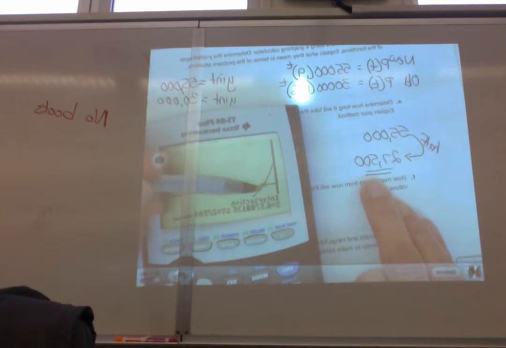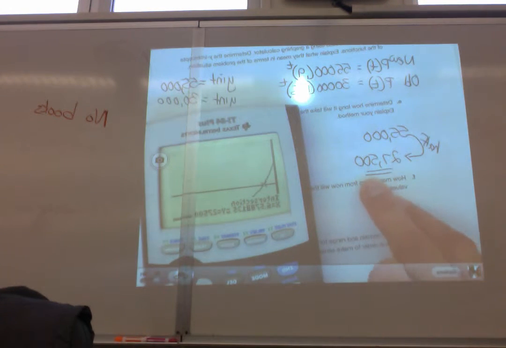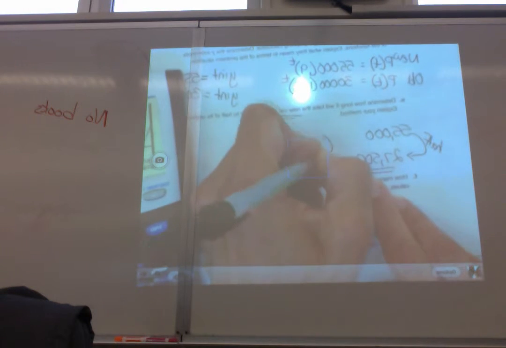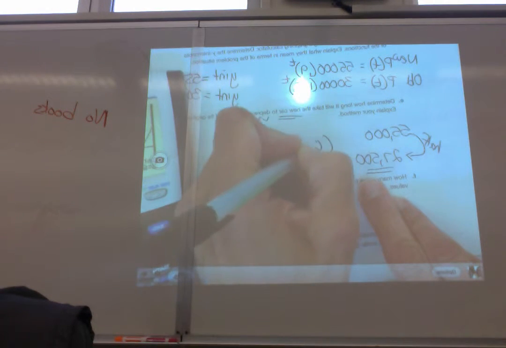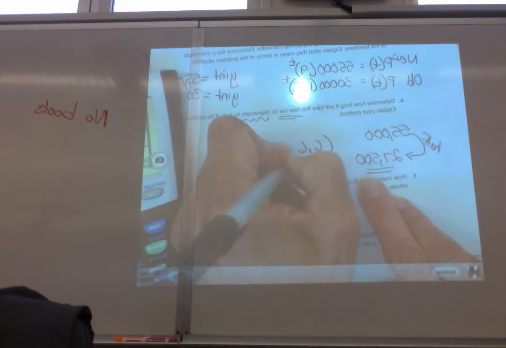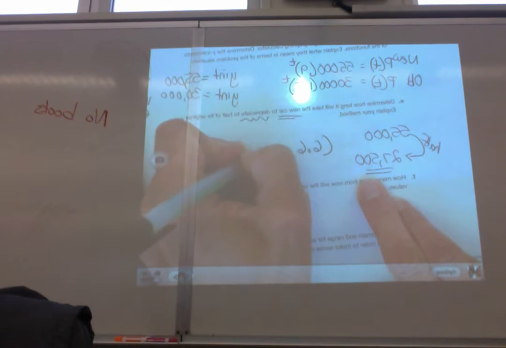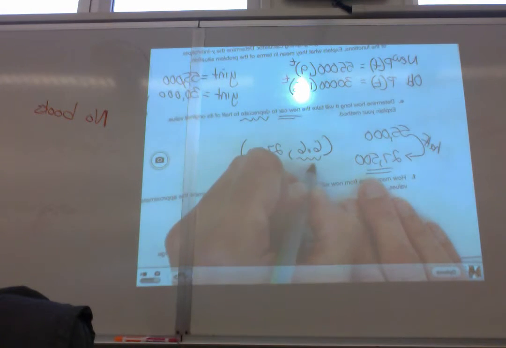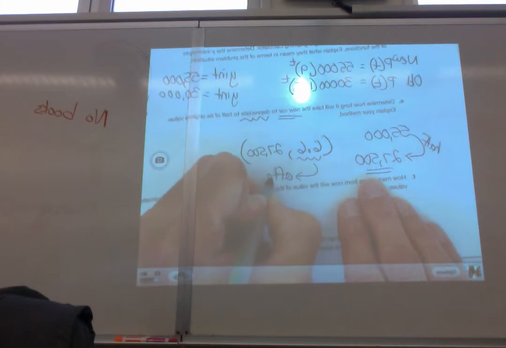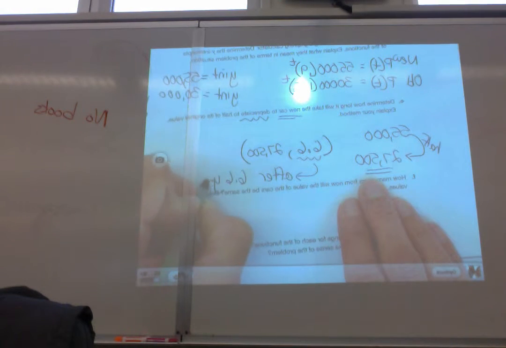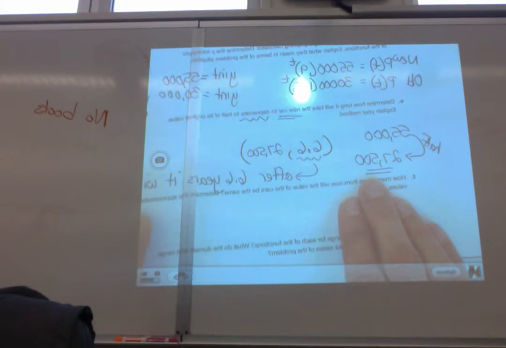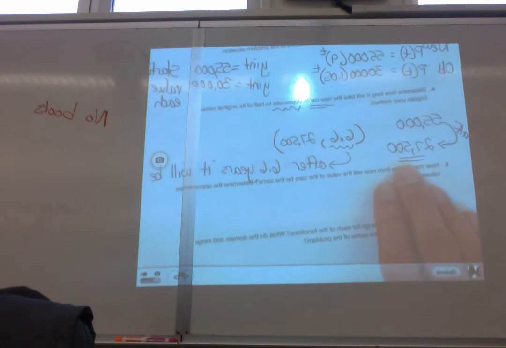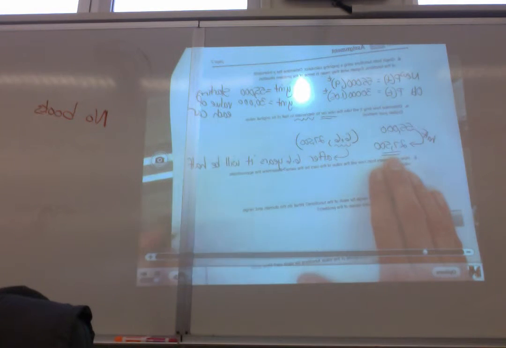This function represents what's happening with the car. The intersect right there is x is 6.6, we'll call it, when y is 27,500. Okay? Now wait a minute. What is that 6.6 represent? Years. After 6.6 years, it will be half value.